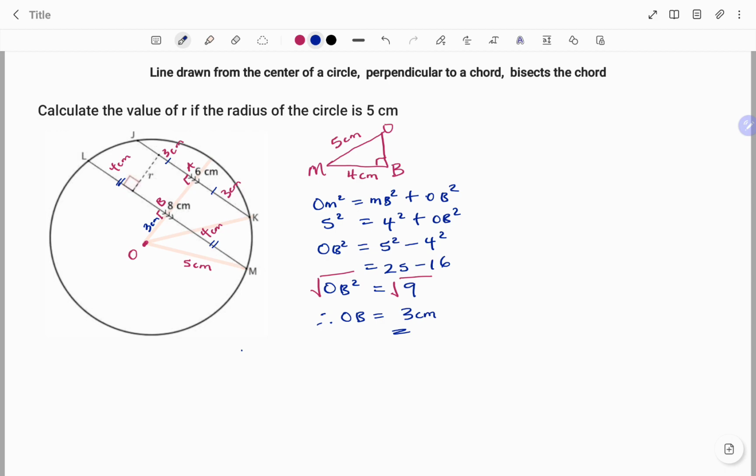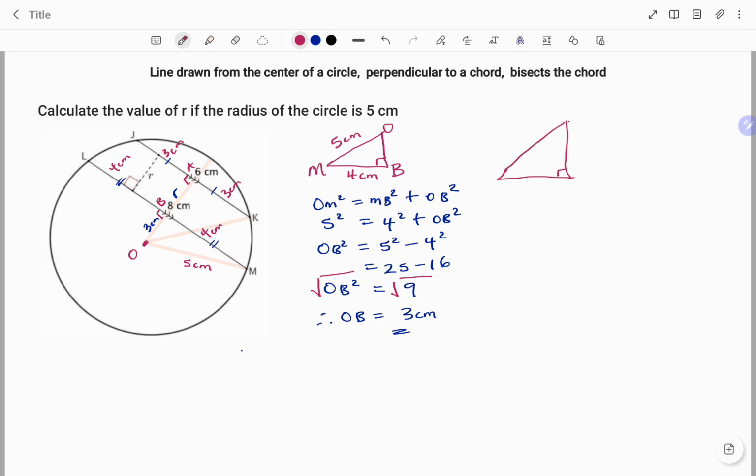Remember, the distance R, which is the value we are looking for, is the same as the distance BA. So because it's parallel, this is also R. Using the second triangle, I'm going to draw that out.